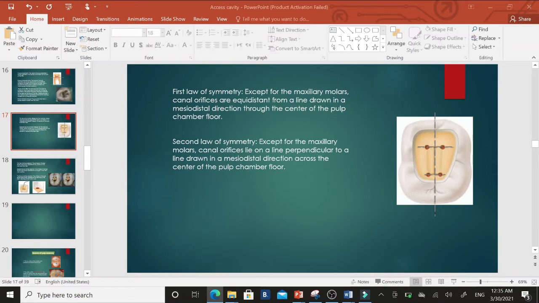Whenever I'm doing a retreatment case and I find that the previous dentist treated only, let's say, one distal canal, and that distal canal is located more to the buccal or more to the lingual, at that time, I should expect a second canal. I have a video that can show you exactly the application of this law. I'm going to play that video after this part of this lecture.